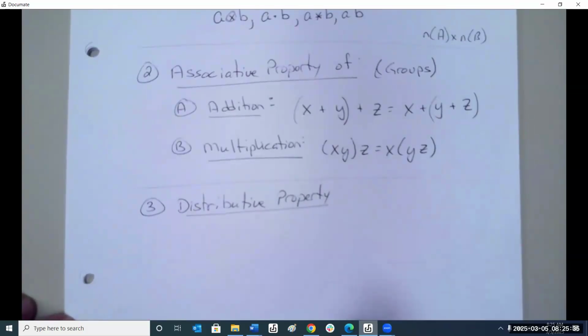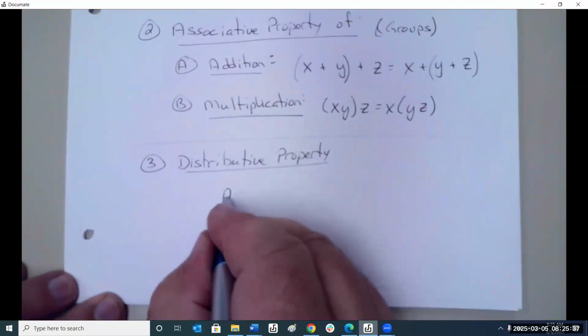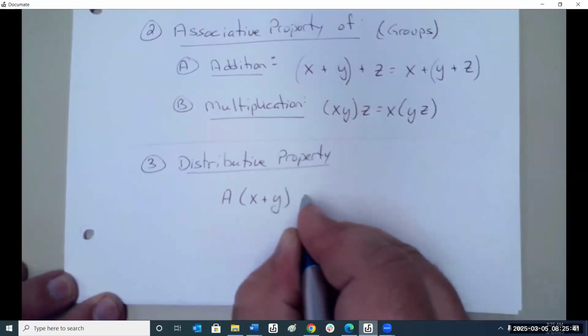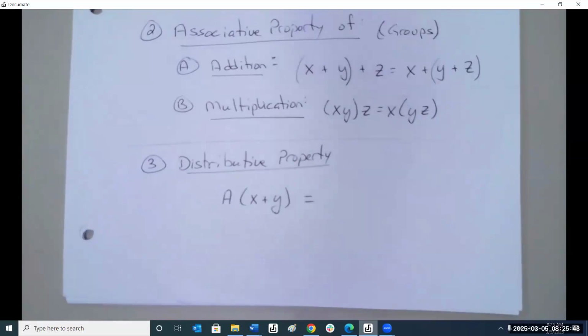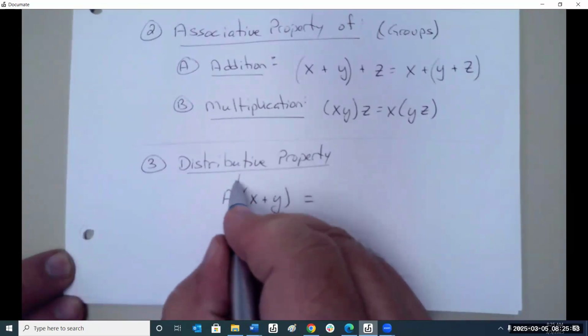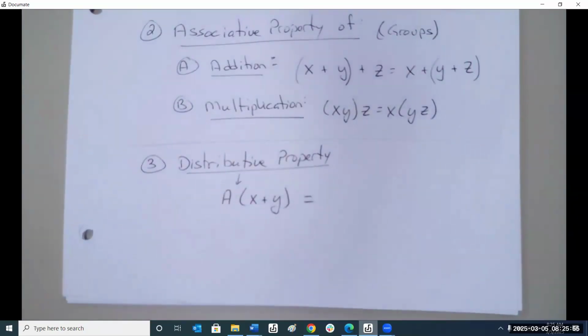Then we have the distributive property, where we combine the addition and multiplication. So again, this is multiplication because it doesn't have to be there if there's nothing between the two sets. There's always something in front of a parenthesis.